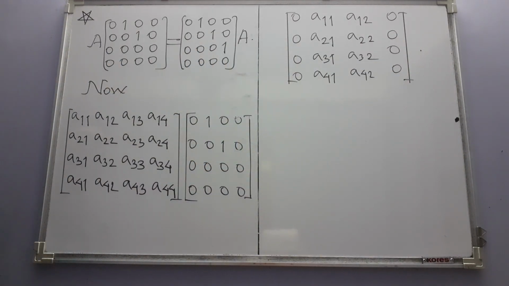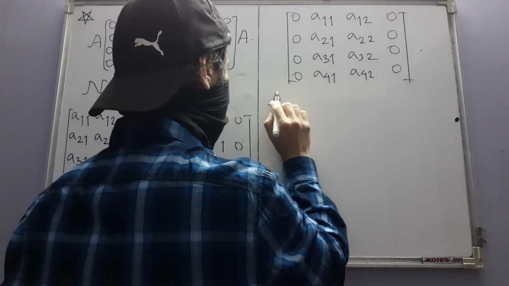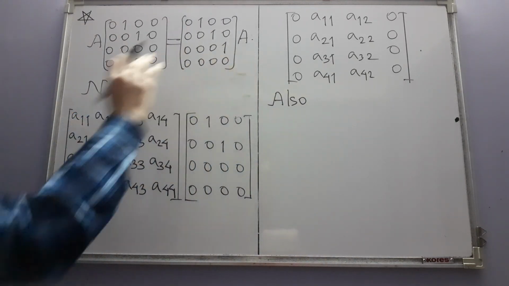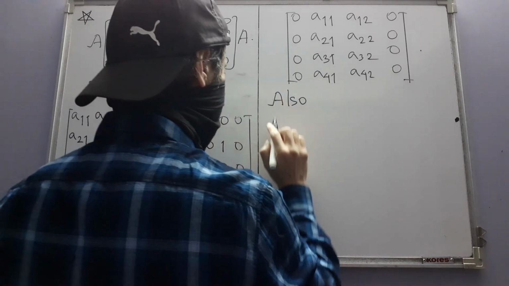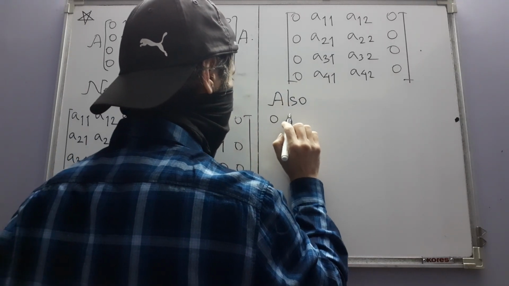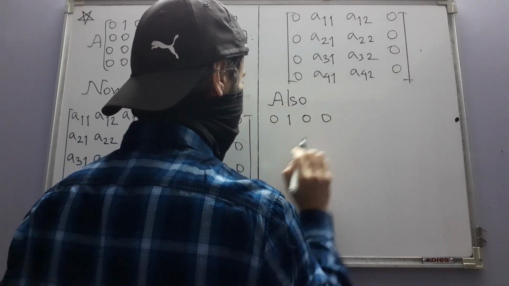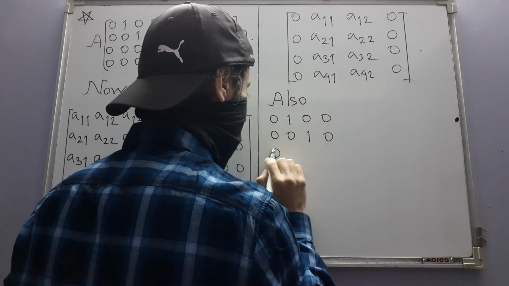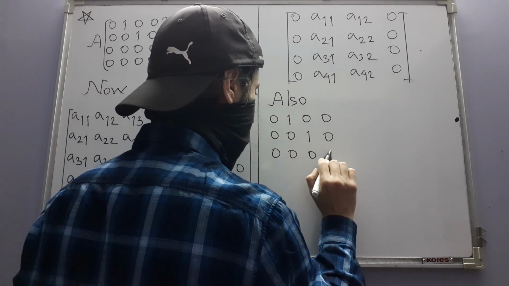Okay. Also, now we are going to calculate the right hand side product. So here also write carefully 0 1 0 0, 0 0 1 0, 0 0 0 1.